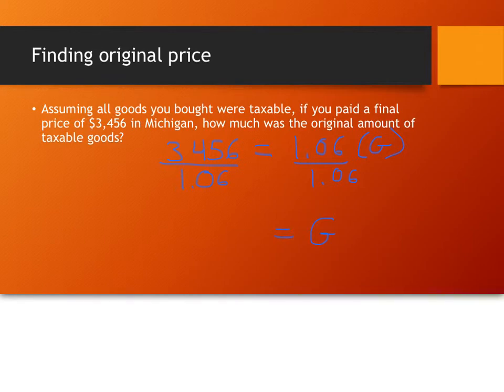Original price, type that in your calculator, 3,456 divided by 1.06. And again, you have to round this, but $3,260.38 is your original price. And so I hope you got that, and hopefully you calculated that.